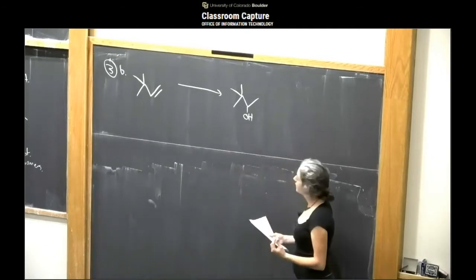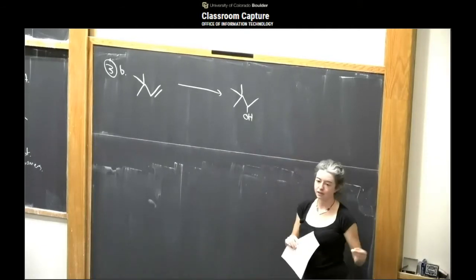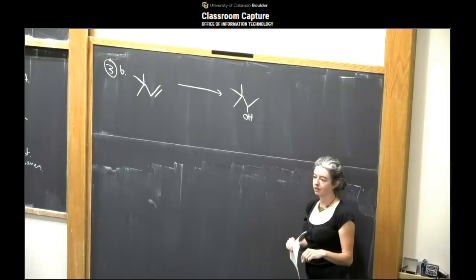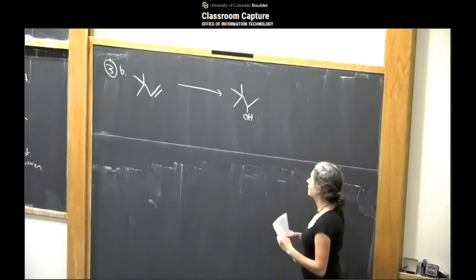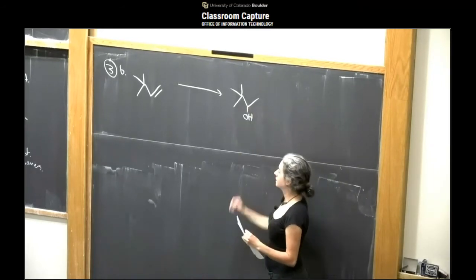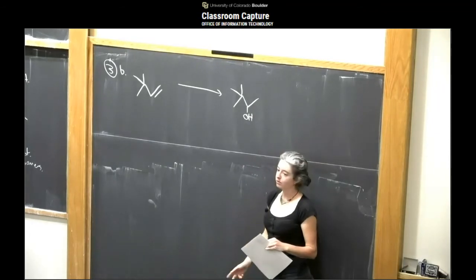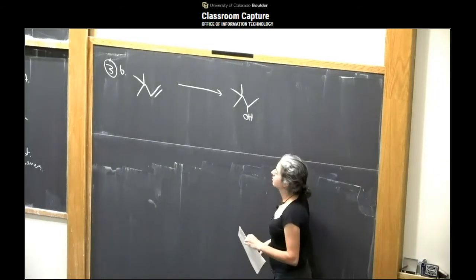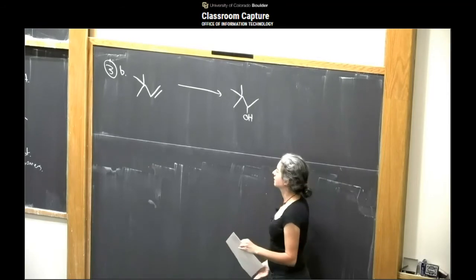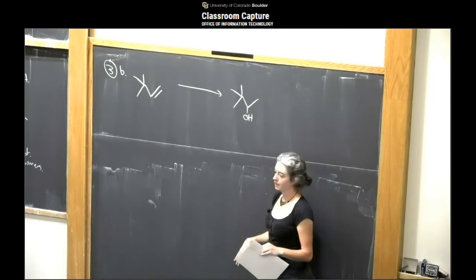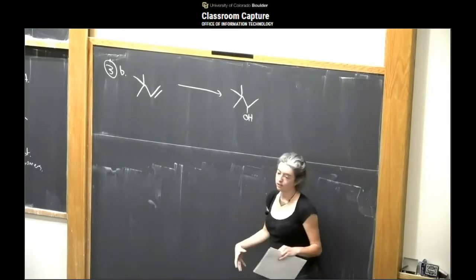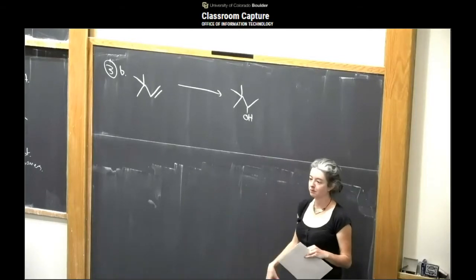So am I going for Markovnikov or anti-Markovnikov style addition to that molecule? Markovnikov, right? I want to add something to the more substituted carbon. In theory, I know 2 different reactions that'll add an OH and an H Markovnikov style, and that's acid catalyzed hydration and oxymercuration reduction. But what's the problem with one of those?